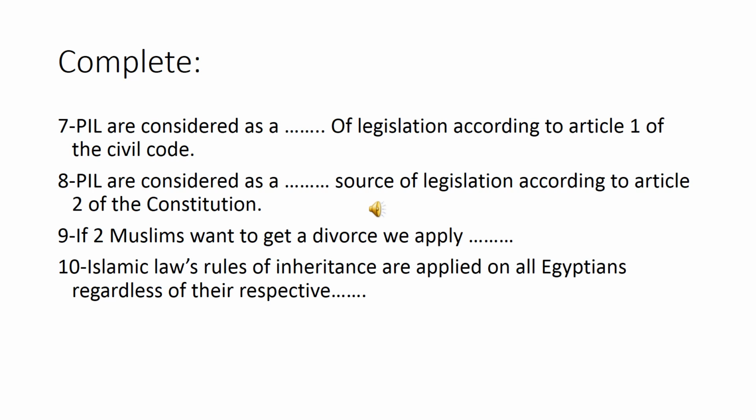So, principles of Islamic law are considered as a secondary source of legislation according to Article 1 of the Civil Code. So again, if the judge is going to apply the formal sources to solve the quarrel before him, they should first check into the laws and the customs. So this means the application of the law for the judge is considered to be a secondary source of legislation.